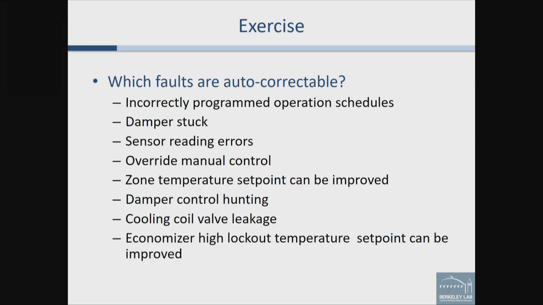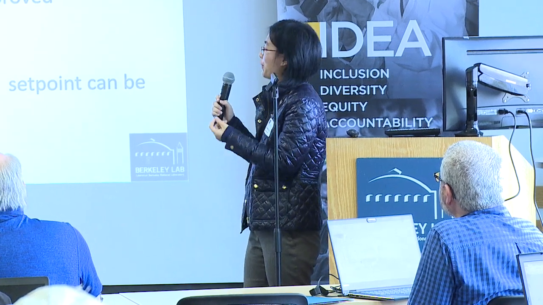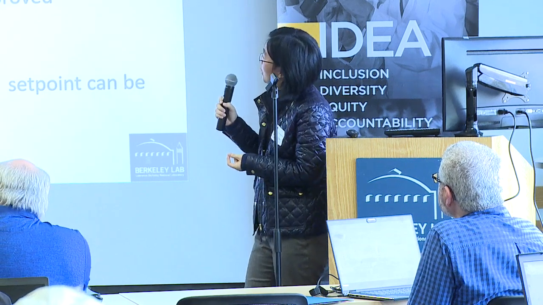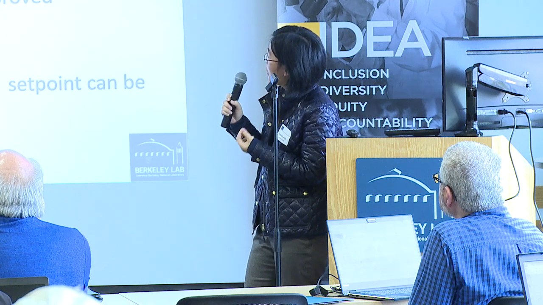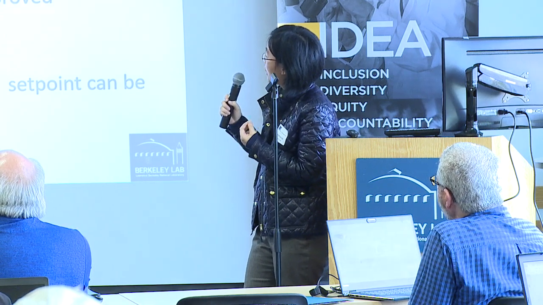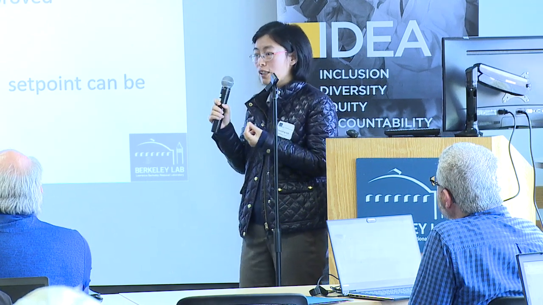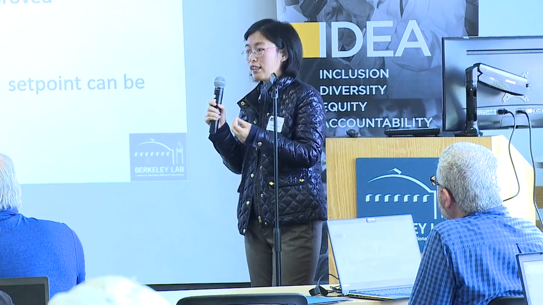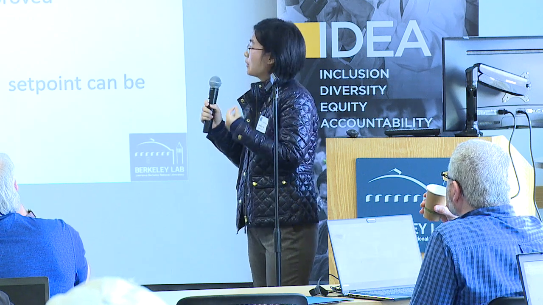So you cannot repair them unless someone goes to the equipment and replaces the component. The ones that are clearly auto-correctable, I think, are those related to the set points, because these set points are BACnet accessible, so it is easy to overwrite the values of these set points.